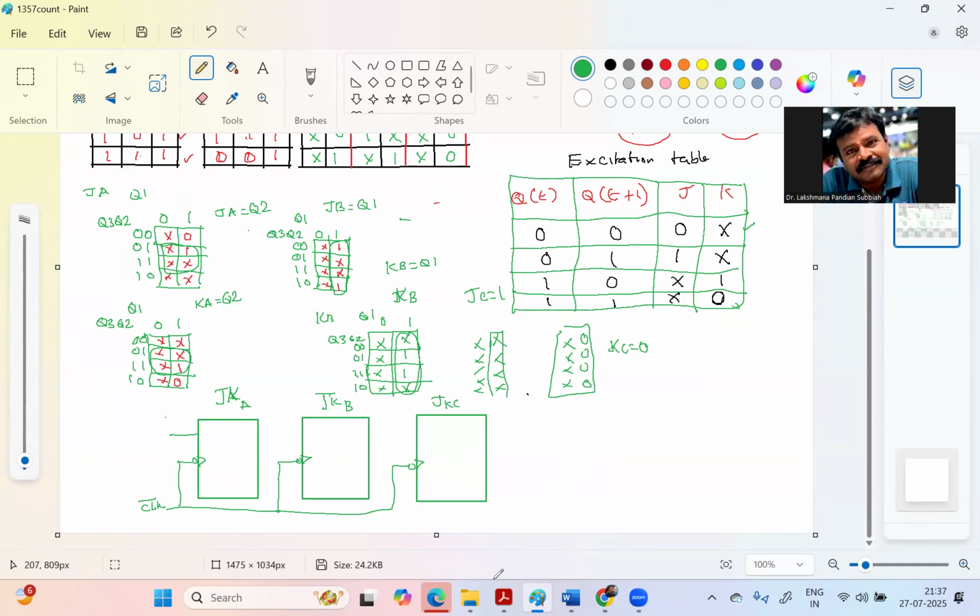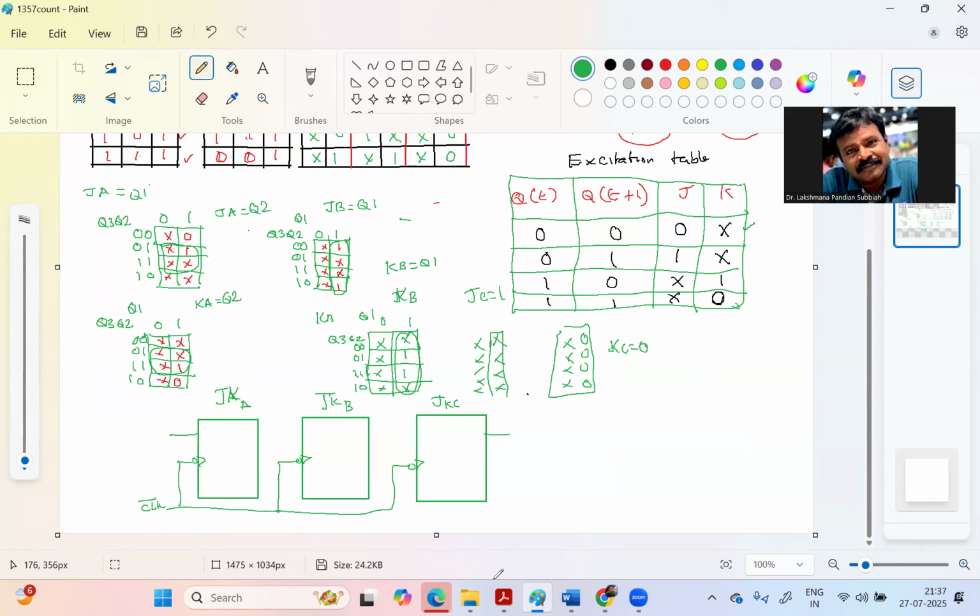Right. Then here, what we are going to design now, that one is JA, right? So JA is connected with Q1, right? So that is Q1 is here. This is the Q1, right? JA is connected with Q1 and Q2. So that is common.